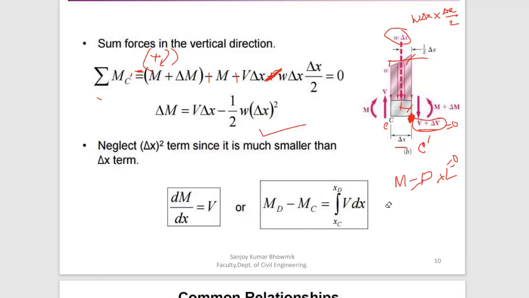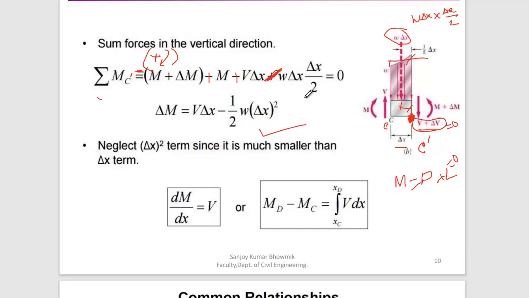Now you can see we find the equation del M equals V del x minus this and this. We know del x is a small portion. The length of del x is very small, less than 1.